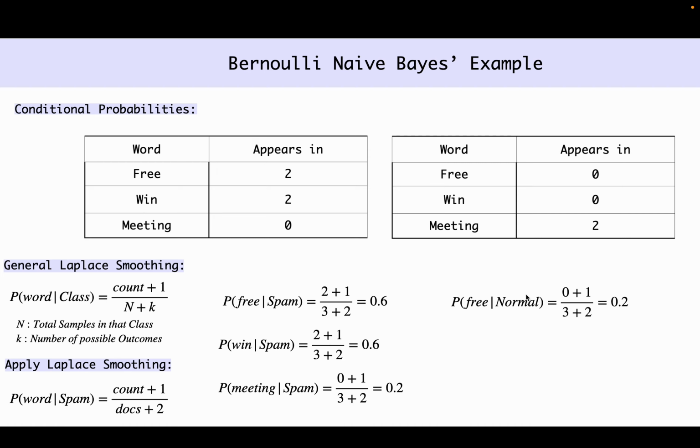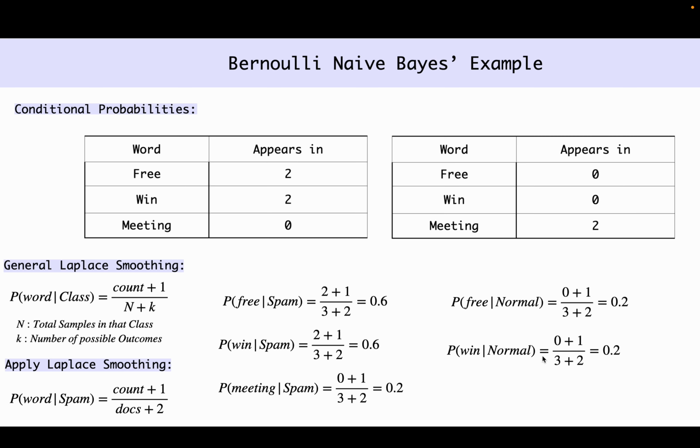When we come to normal, we don't have free or win in any of the normal emails. So the count is 0. We add this 1 just to make sure that we never have a 0 as a conditional probability. That's why the Laplace smoothing has this 1 in the numerator.